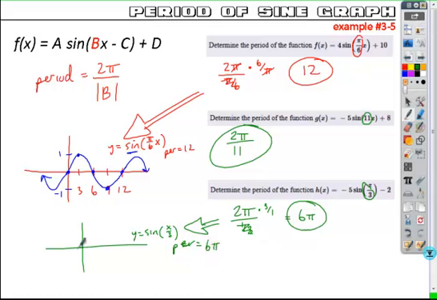So since there's no horizontal shift, I can go from 0 to 6 pi, cut that in half, 3 pi, cut each of these in half. So half of 3 pi is 3 pi over 2. Then this would be 6 pi over 2, then 9 pi over 2, then 12 pi over 2. Again, I'm able to use fractional parts. The amplitude doesn't change, so it's still 1 and -1.